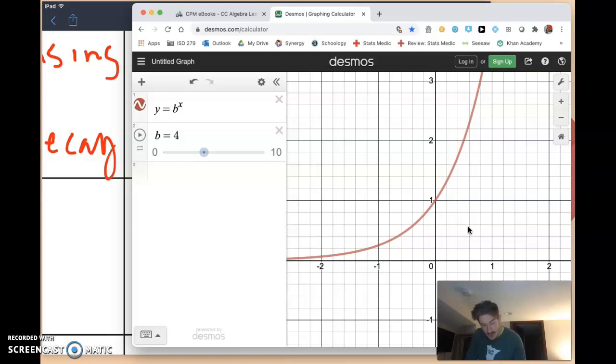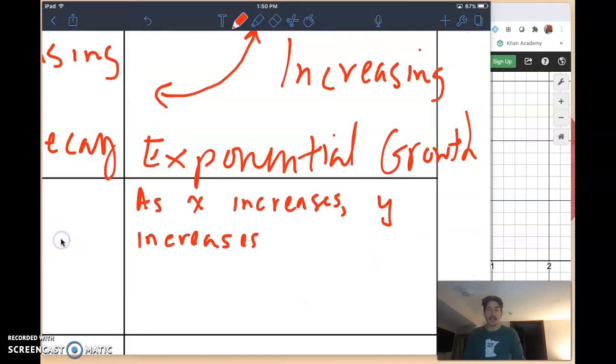So as x increases, y increases as well. Like I said, specifically, very, very quickly. So I'm just going to make a note of that.